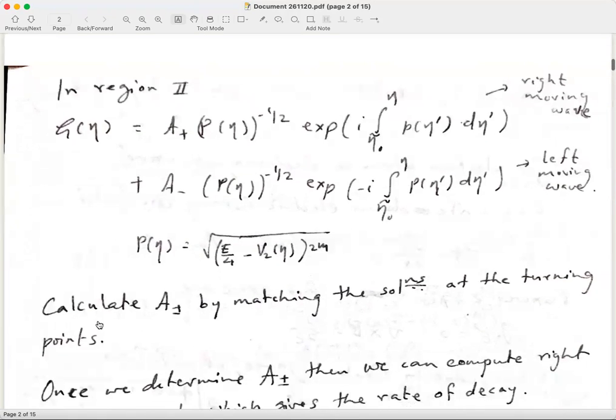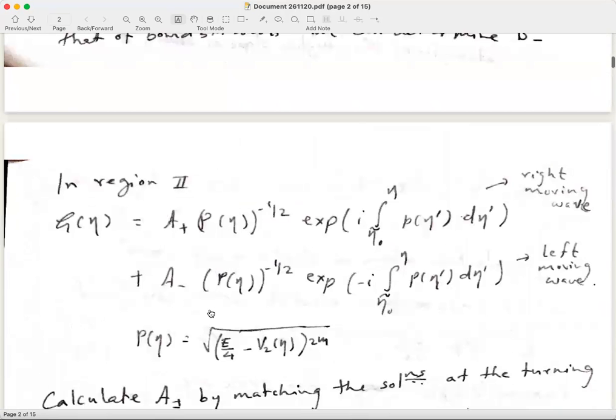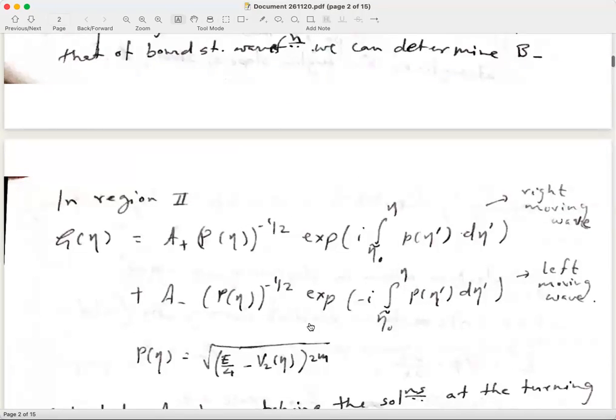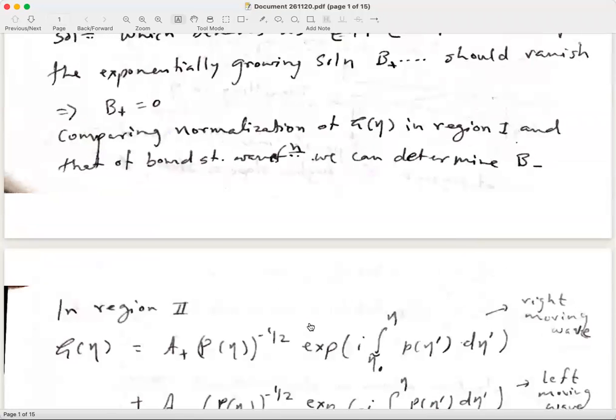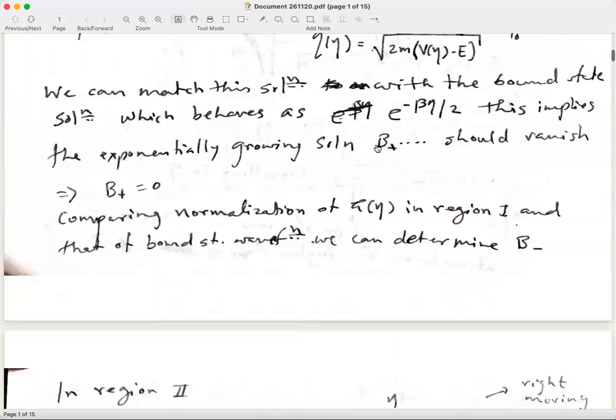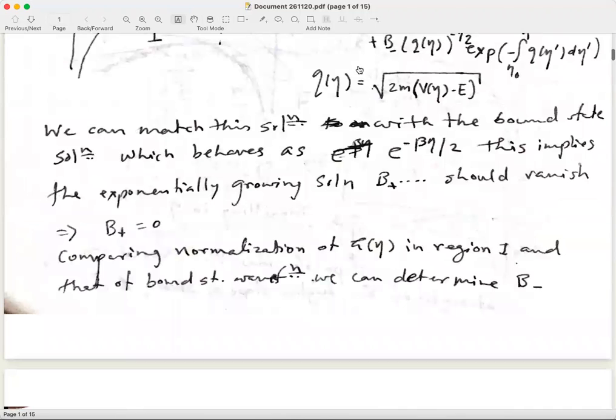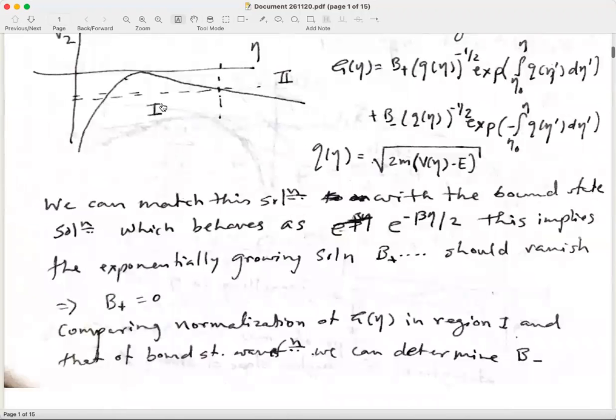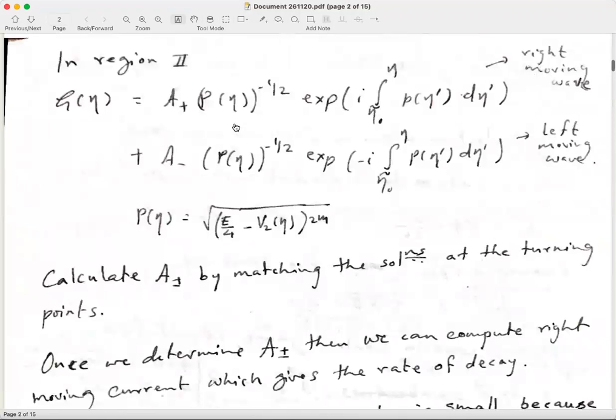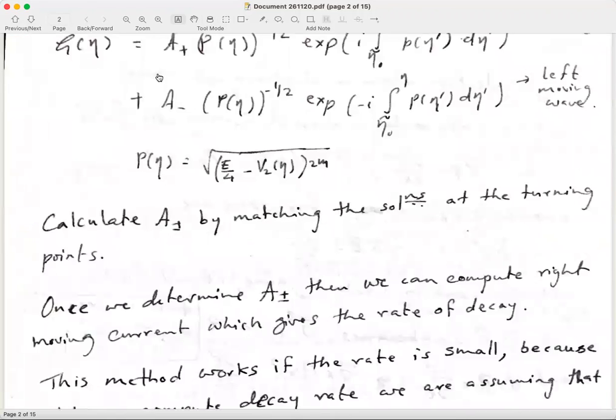Now A plus and A minus have to be determined by matching the solution at the turning point eta naught tilde. That will be done by comparing with B minus of the wave function defined in region 1. For that you would require matching the wave function as well as its derivative to determine these two in terms of the third variable.